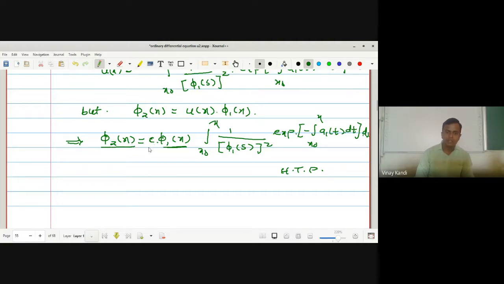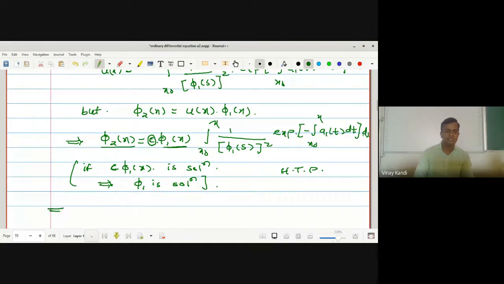Now we can neglect c. Why? Look here. In the bracket, if c into phi 1 of x is the solution, it implies phi 1 is also a solution. Scalar multiple of a solution is a solution. So take scalar 1 upon c. So here you get phi 1 is the solution.